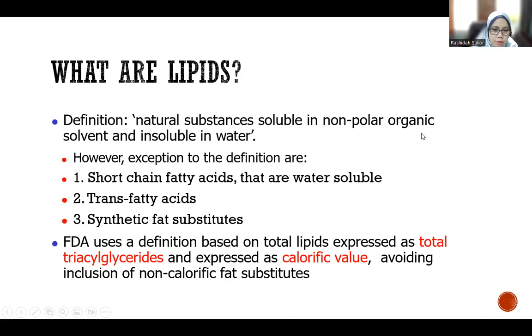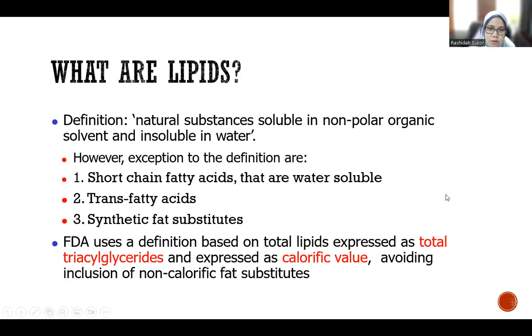However, there are a few exceptions to this definition of insoluble in water, because lipid consists of many fatty acids. When we say fatty acid, it has chains of fatty acids: short chain, medium chain, and also long chain. When we say short chain fatty acid, it is quite small in the carbon number. So some of the short chain fatty acids are quite water soluble because of the size of the carbon chain.